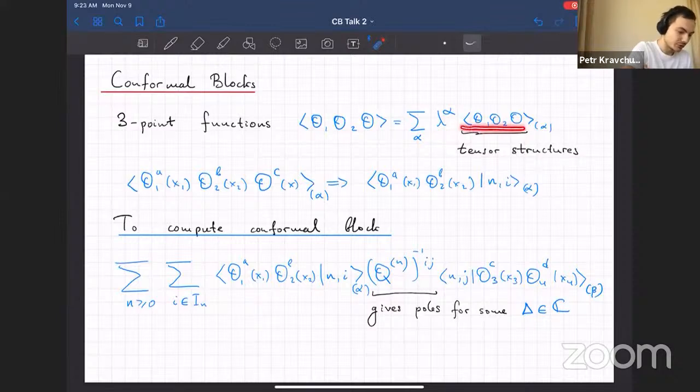So I'll denote them in the same way as physical 3-point functions, and I'll put an index alpha under them, which means that this is a basis element with index alpha for the space of conformal invariant 3-point structures. And I'm free to choose whatever basis I want, as long as it's complete, of course.